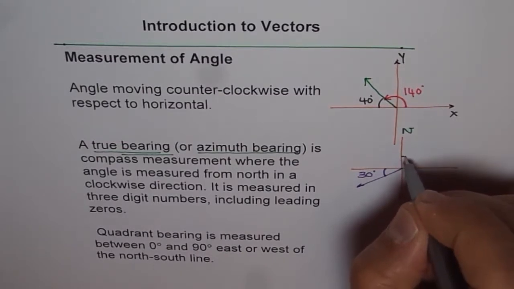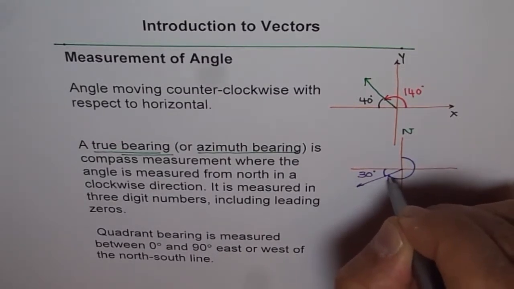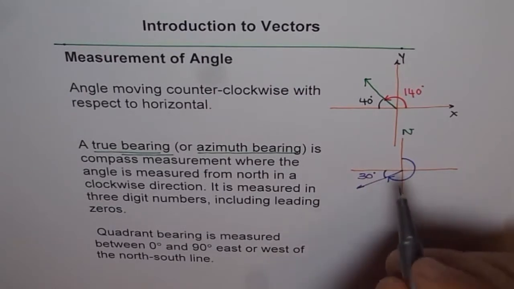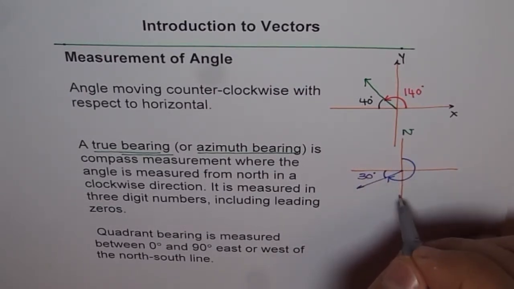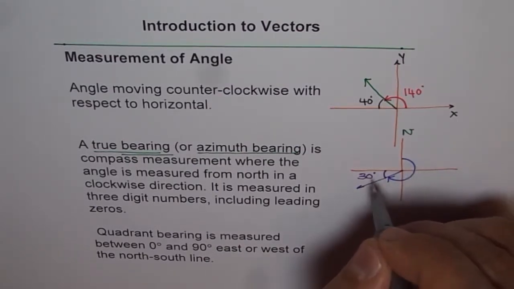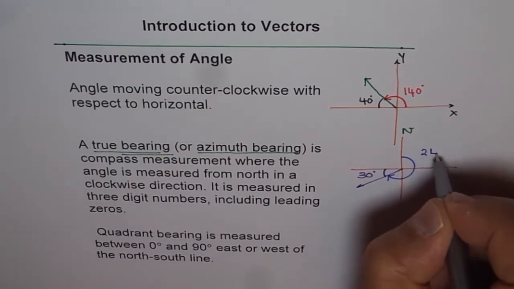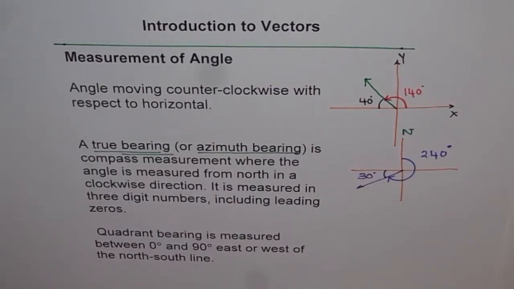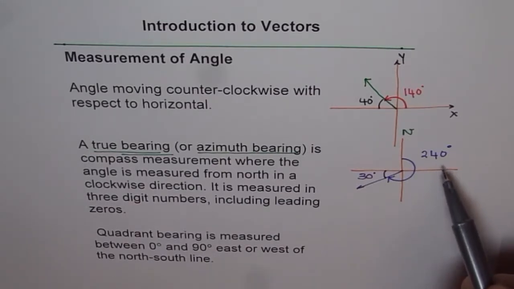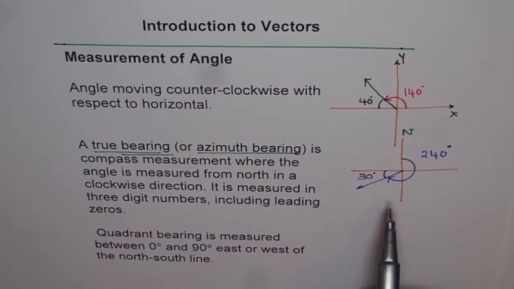So from north, this angle should be that much, which is, you can say 270 minus 30 or 180 plus 60, either way, right? So we can write this as 270 minus 30 as 240 degrees. Correct? So this is 240 degrees as true bearing angle, right? This is what a compass will show you, right?